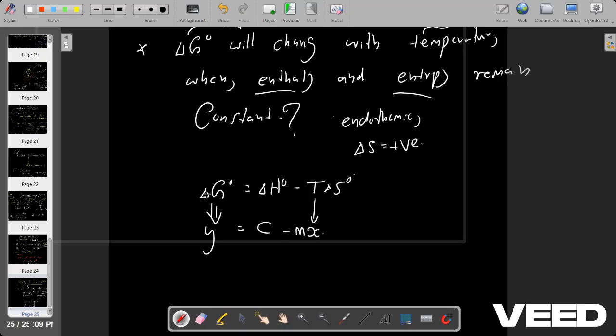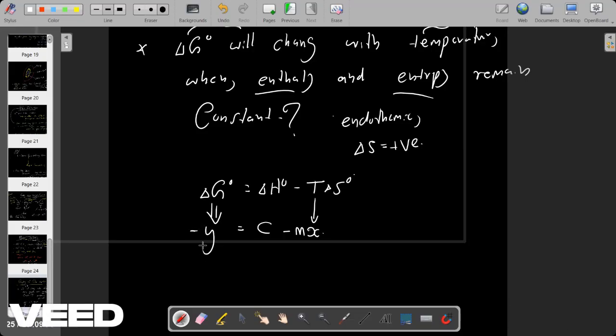Now, let's say this is a spontaneous reaction. If it is a spontaneous reaction, delta G is what? Negative. So we can convert it into y equals c minus mx. So how would the graph look for an endothermic reaction?